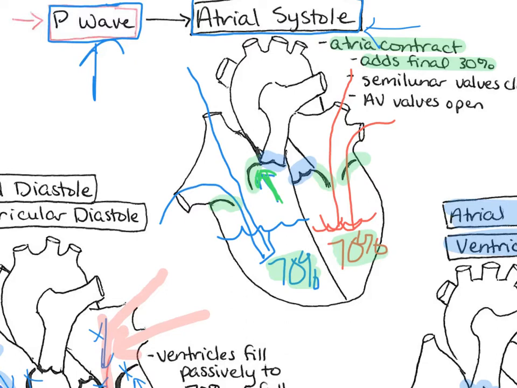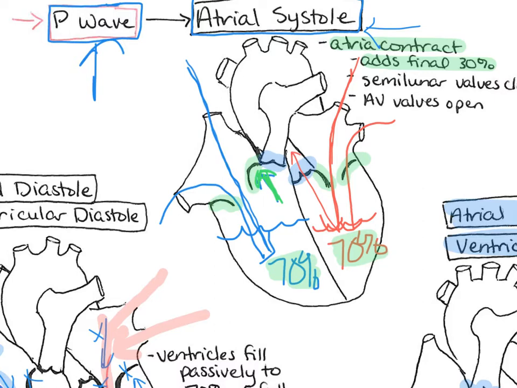I know you know that, but the blood goes into the right side of the heart and then to the lungs, and then it comes back to the heart on the left side, and then it goes out to the rest of the body. So we have this circuit of blood flow, but we have the atria contracting at the same time as the ventricles.